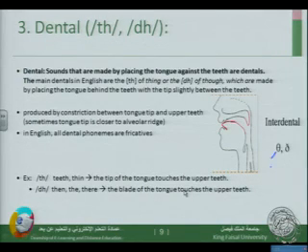This is theta, like in three, and eth, like in there. Okay? So the main dentals in English are the theta of thing and the eth of though, which are made by placing the tongue behind or between the teeth, with the tip slightly between the teeth.